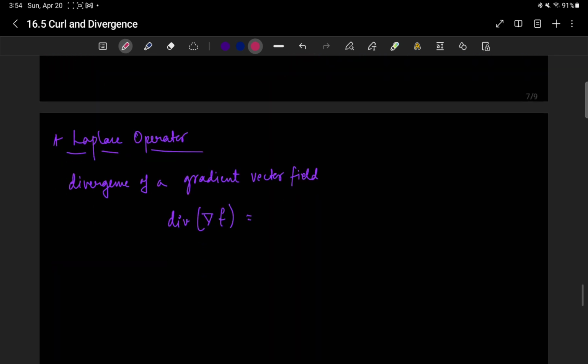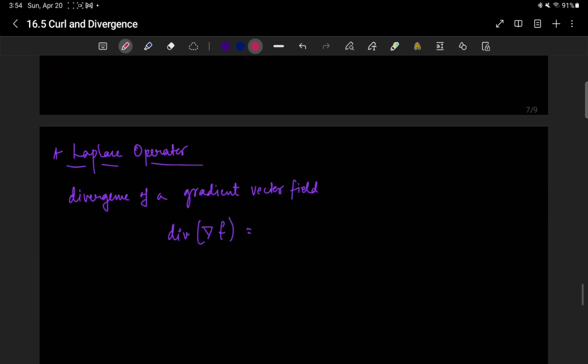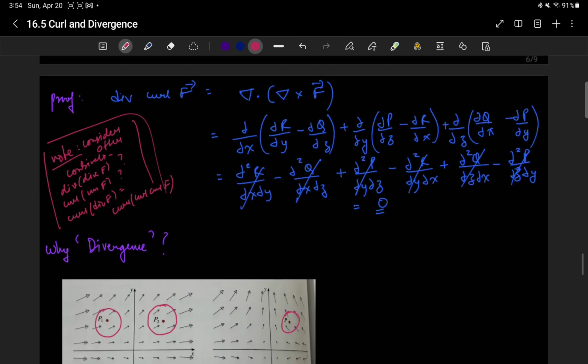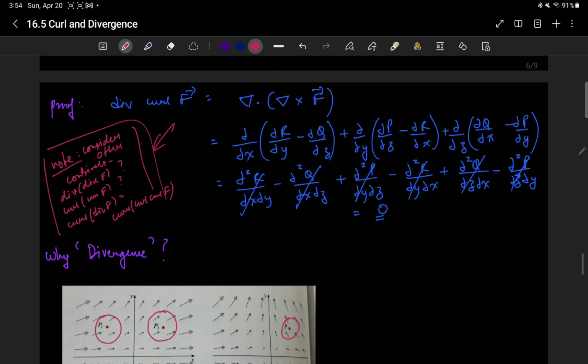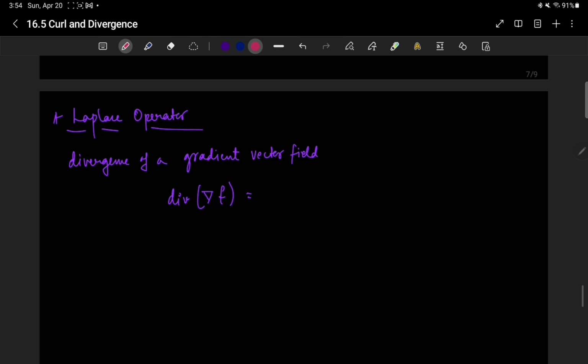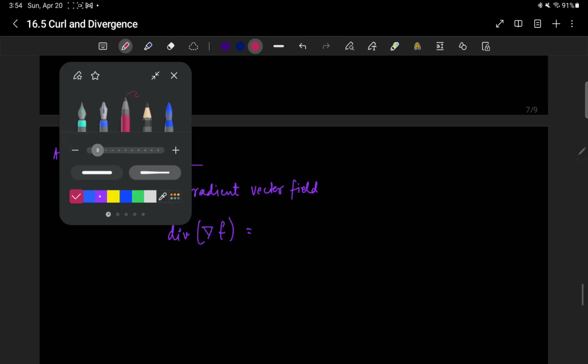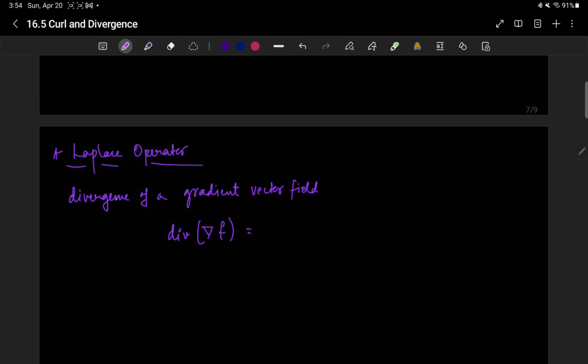Anyways, the next thing that occurs, if you do this little exercise over here, you will see that some of these make sense and some of these do not make sense. There's something called a Laplace operator, which happens to come out when you take the divergence of a gradient field. So basically this is del dot del of f. So this becomes a scalar quantity, the second partial derivative of f in each component, and all of these added together.